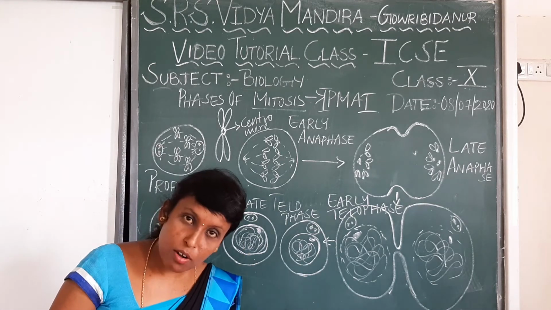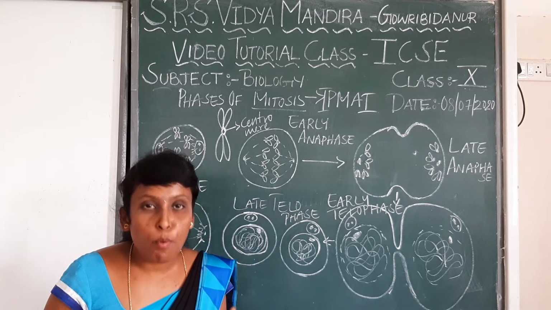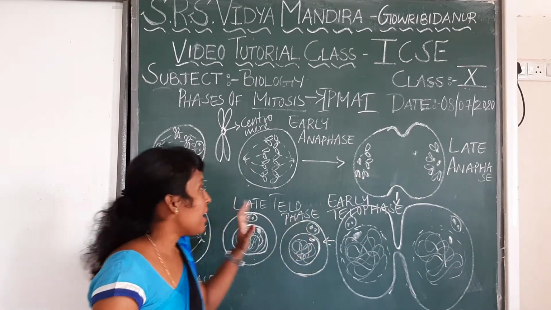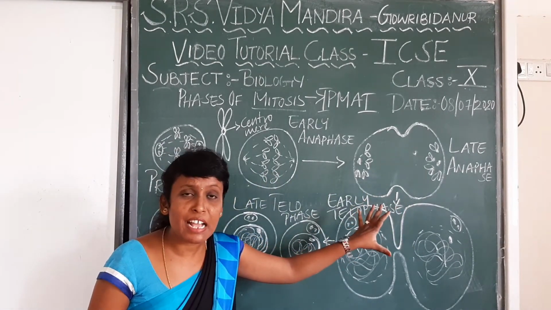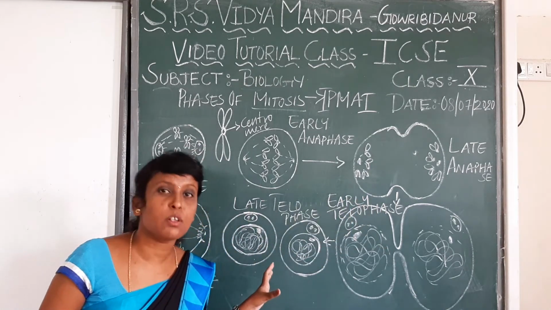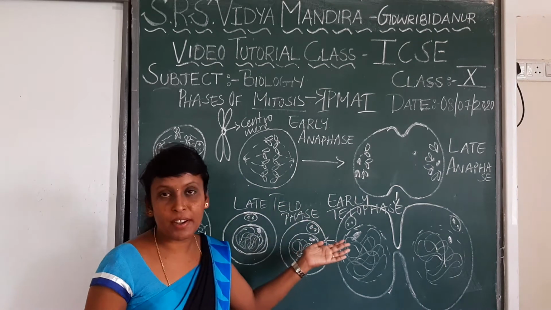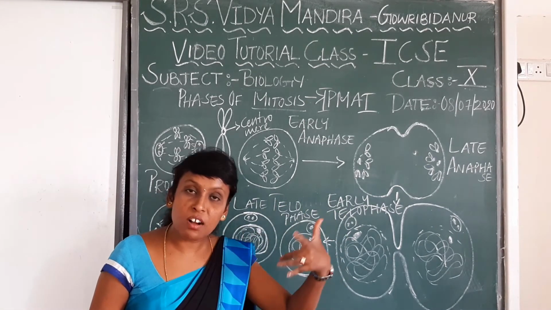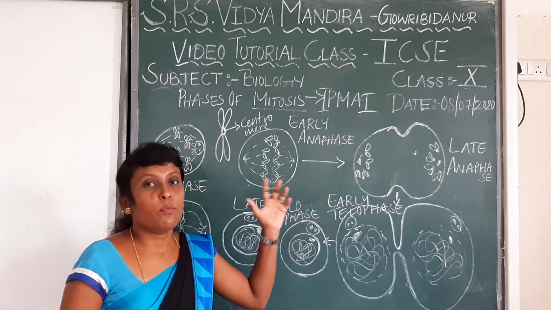I have said it earlier, but I am telling you again because it is a very important short question. You may get questions with pictures like this. They will never ask you to write the complete process of mitosis. They will give you one stage of mitosis and ask you to identify it, or to write the prior stage or the next stage of that phase.